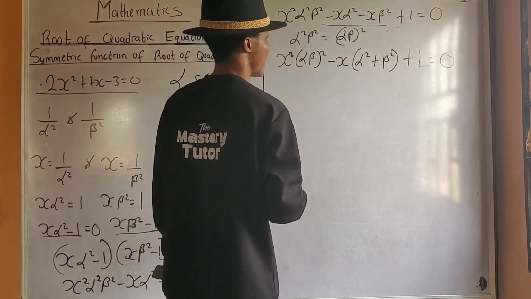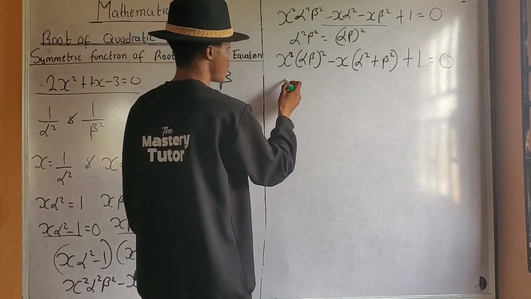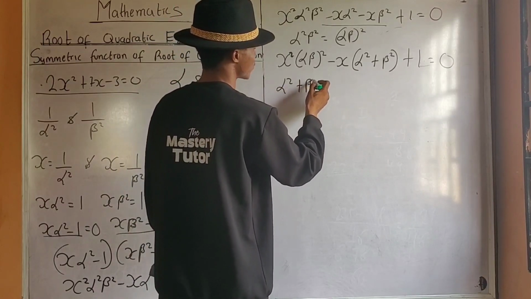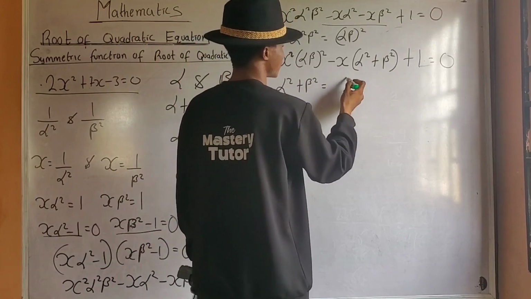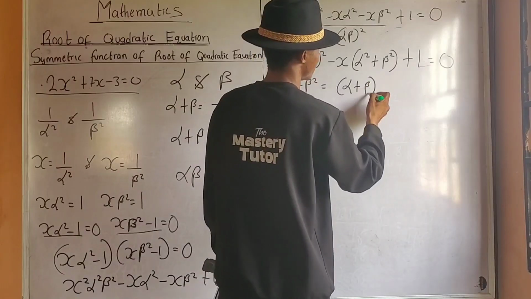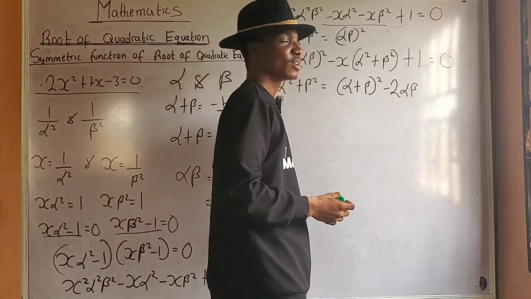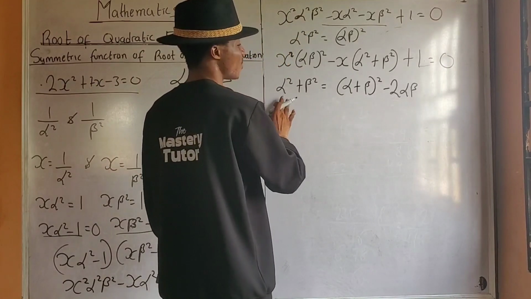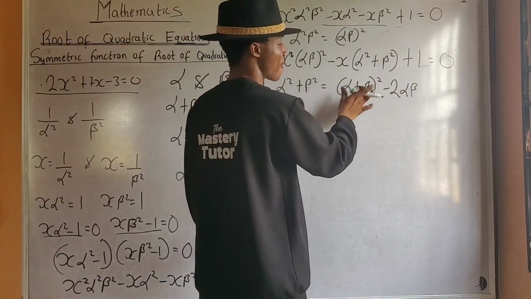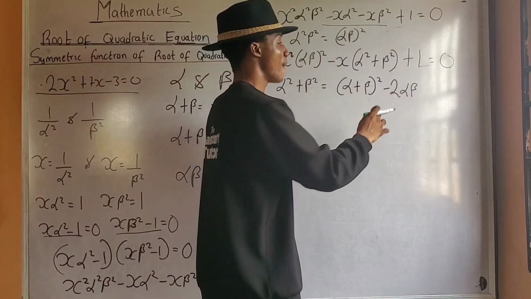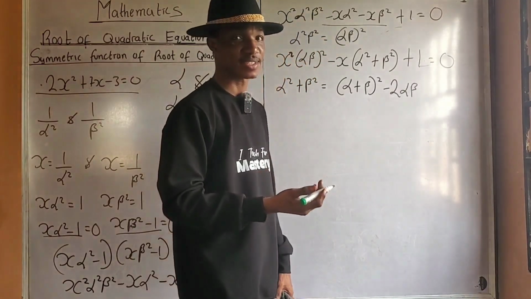Okay, now do you know that alpha squared plus beta squared can be expressed as alpha plus beta raised to the power of 2 minus 2 alpha beta? Is that not it? So I'm going to replace alpha squared plus beta squared with alpha plus beta raised to the power of 2 minus 2 alpha beta, as you can see.